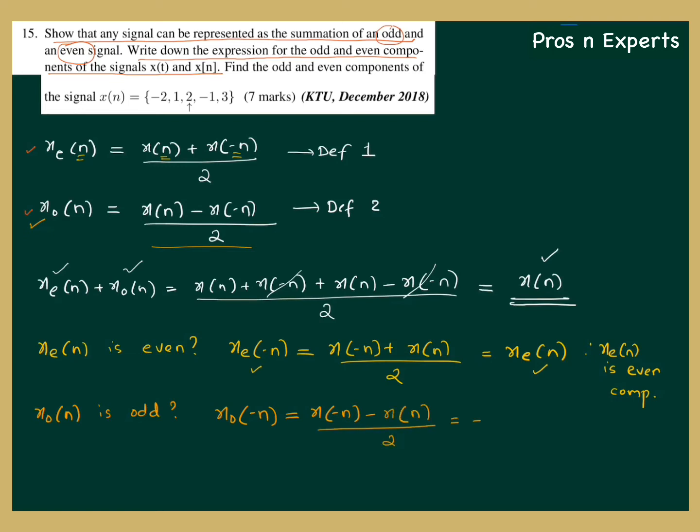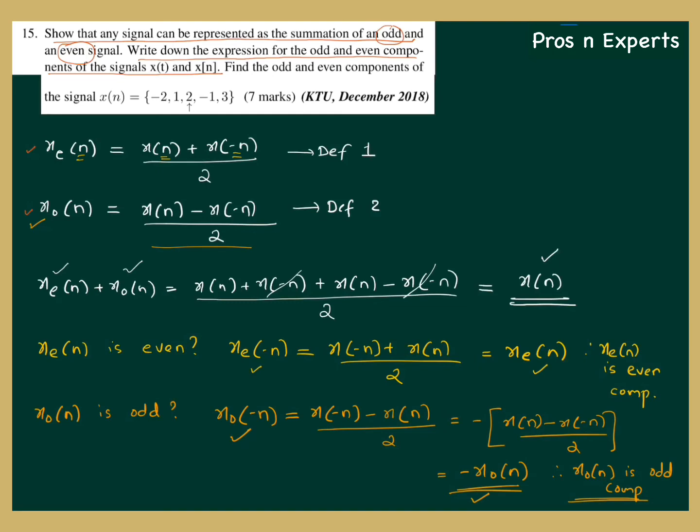That is equal to minus of x of n minus x of minus n by 2. That is nothing but minus xo of n. So what you have got is xo of minus n is equal to minus xo of n, which is enough to show that xo of n is an odd component. So that's the answer to the second part too.